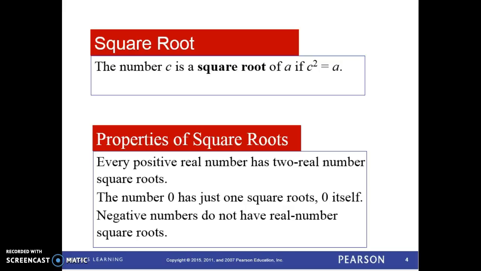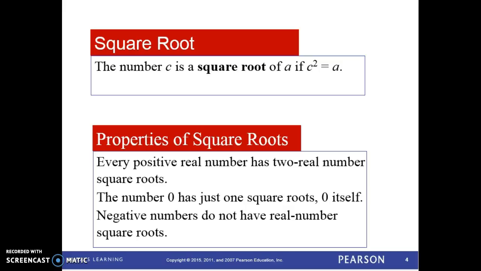When we think of a positive real number, it always has two square roots. So, for example, the square root of 9 could be 3 or negative 3. So it's really important that we understand that there could be two square roots. It could be 3, could be negative 3.